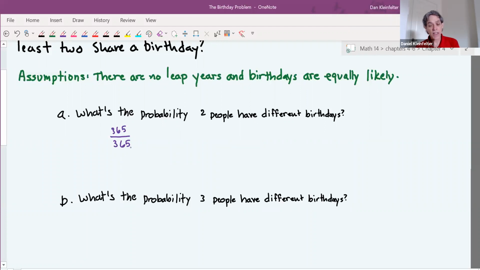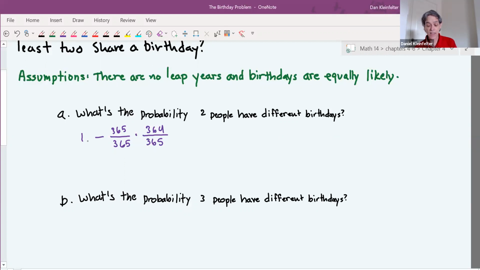So in the denominator there are 365 days in the year. In the numerator, there's 365 possibilities for what that first person's birthday is going to be. If we're trying to figure out the probability that the second person's birthday is different, there's still 365 days in the year, but there's only 364 choices, because that first day is chosen by that first person. So that right there is the probability their birthday is different.